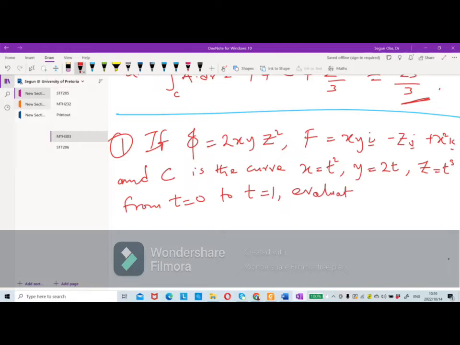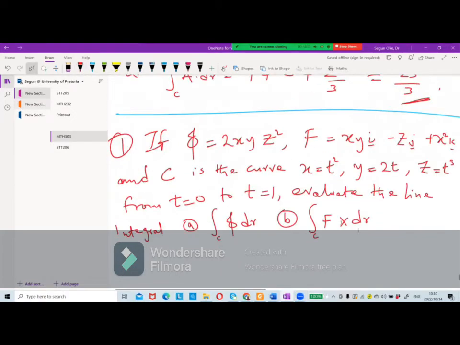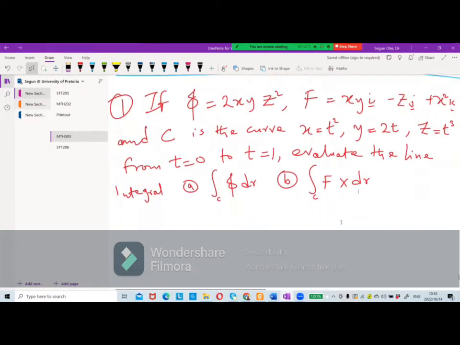evaluate the line integral (a) of phi dr along C, and (b) of F cross dr along C. So who can tell us what to do at this point?